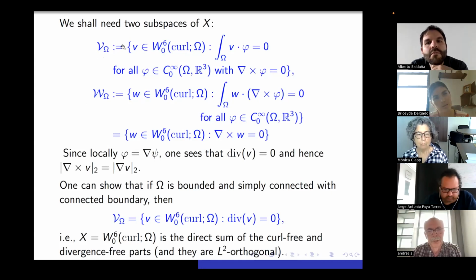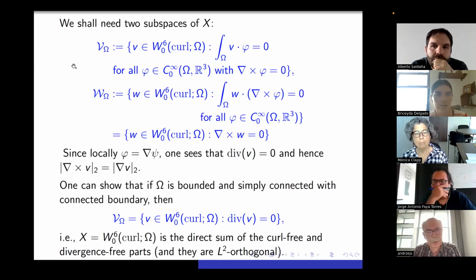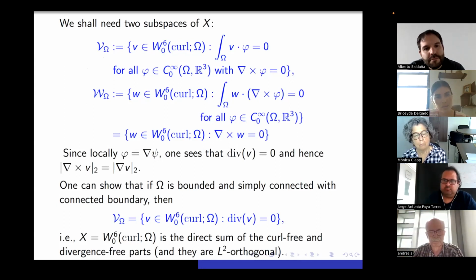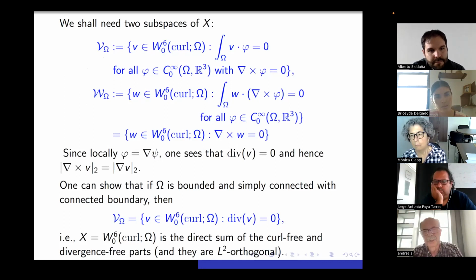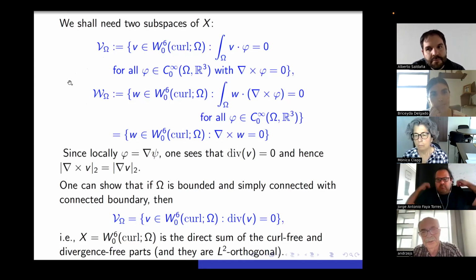But still, if you define V omega this way, the decomposition will still be unique. Is it an answer to your question? Yes, thank you.